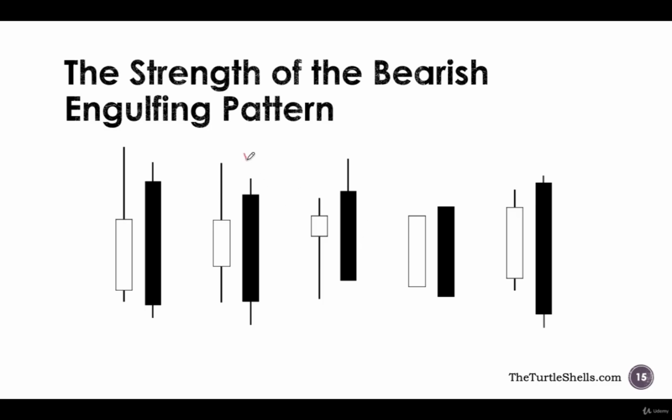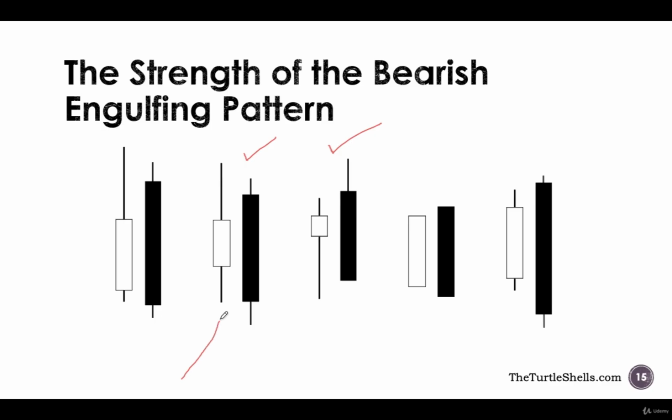Now let's compare these two patterns. Here you have a tall black real body completely engulfing a white real body. Again, here we have a tall black real body relative to the white real body. So the white real bodies are of a different size here.